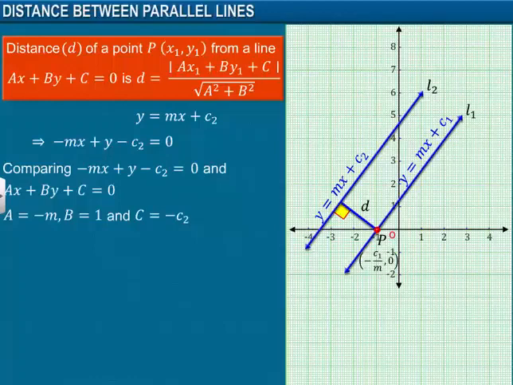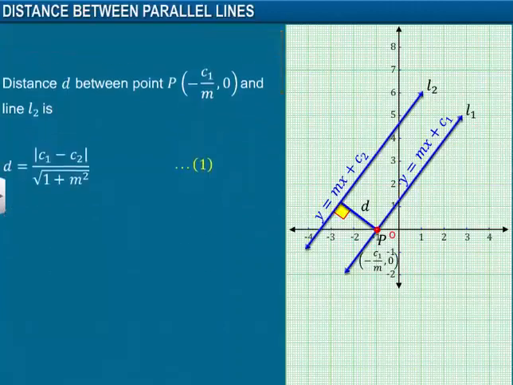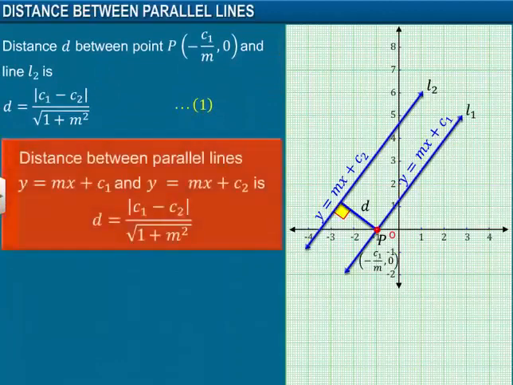Substituting the coordinates of point P and the values of a, b and c in the formula, we get equation 1 that gives the value of distance d as modulus of c1 - c2 divided by square root of 1 plus m squared. Equation 1 gives the distance between two parallel lines L1 and L2, whose equations are given in the slope-intercept form.